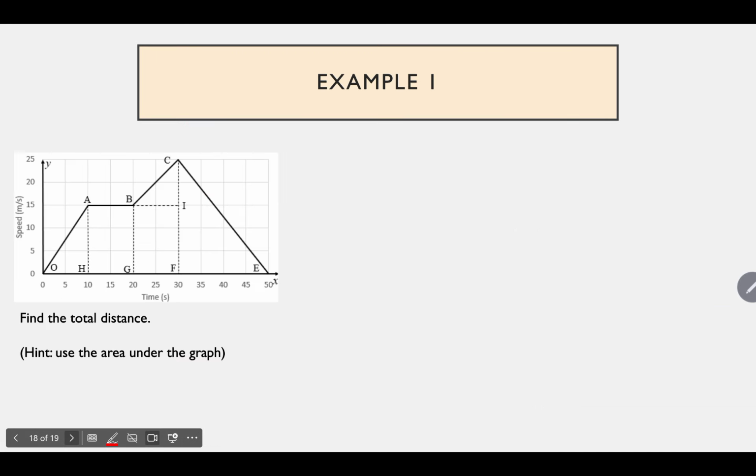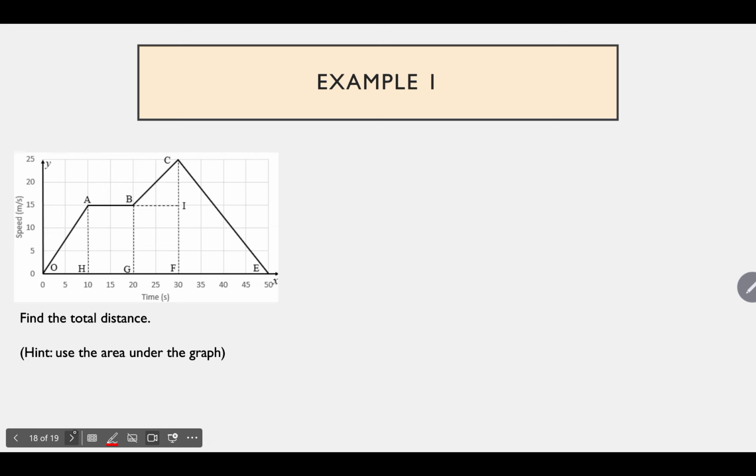Here's another example. They want us to find the total distance. So you need to divide this drawing into either one of the two shapes we talked about, either right angle triangle or rectangle. Here, he divided it with the dashed lines, as you can see.